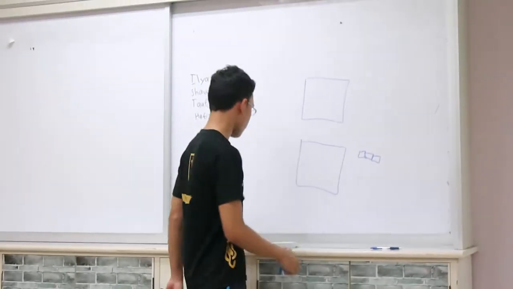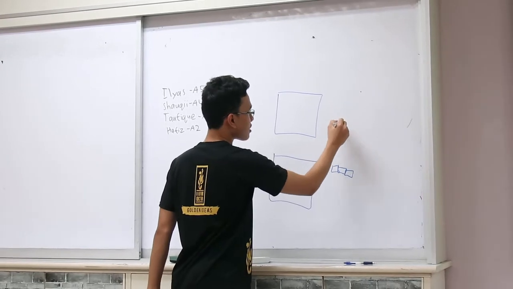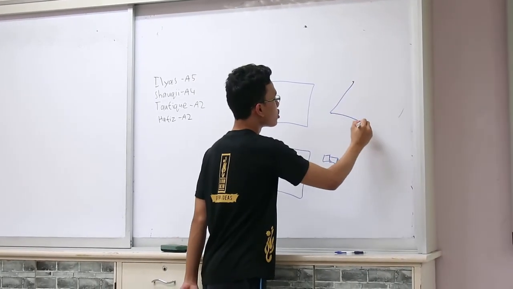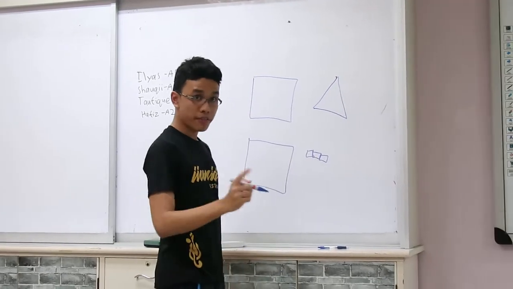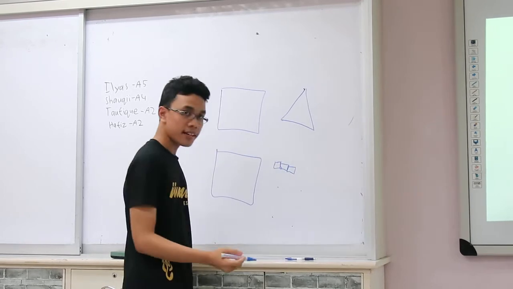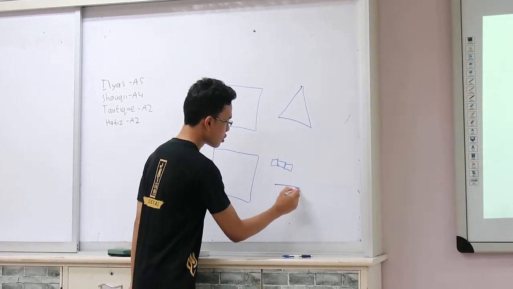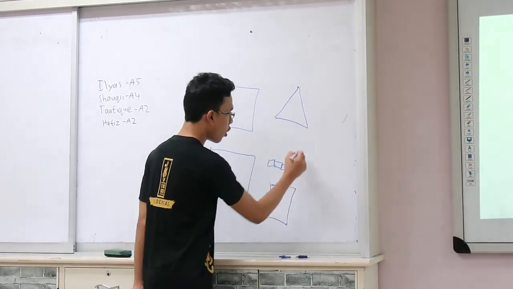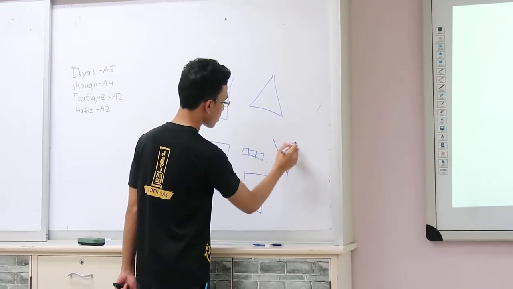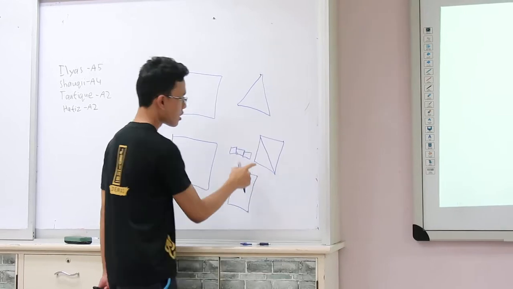If I put 3 points here, I can only create a triangle. However, if I put 4 points, then it can either be a square or a pyramid.